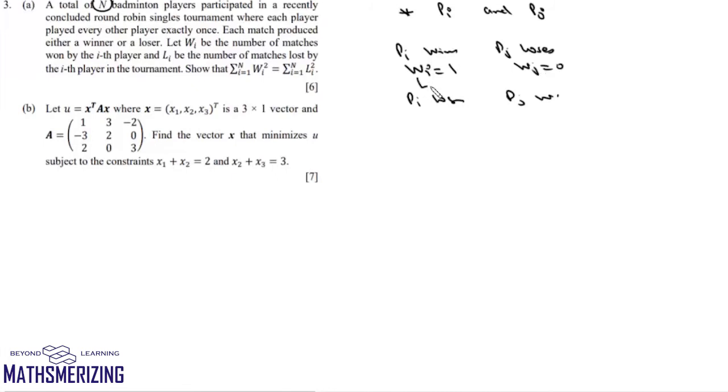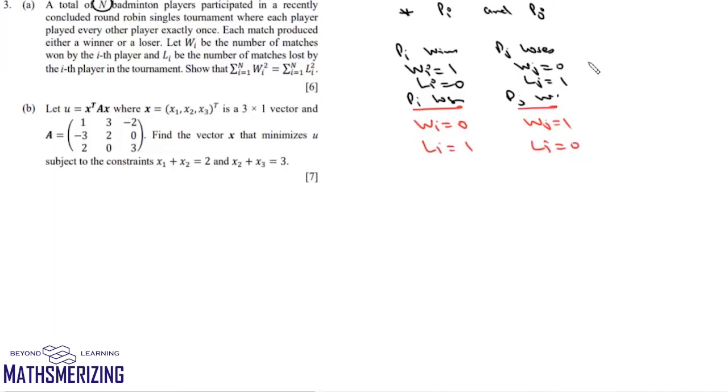And for this player, value of Li will be 0, and here Lj is 1. Now in the same way, if Pi loses and Pj wins, Wi will be 0, whereas Wj will be 1, and Li will be 1, and Lj will be 0.